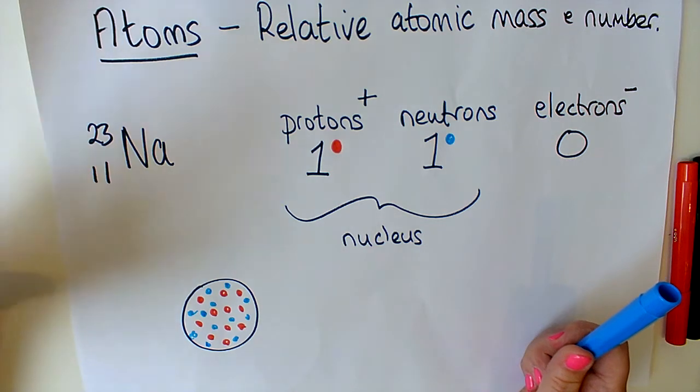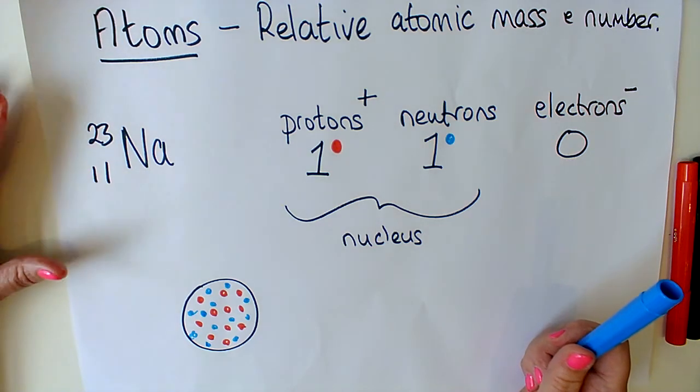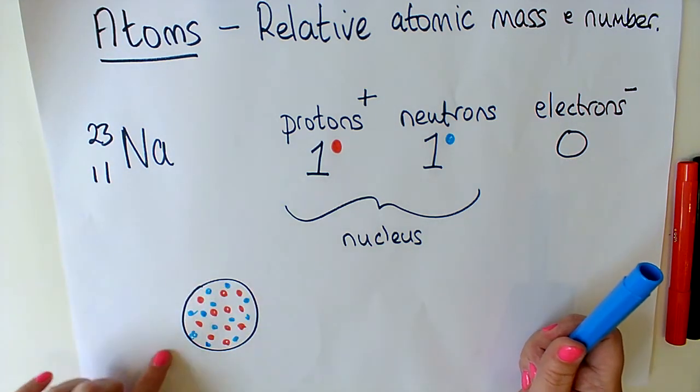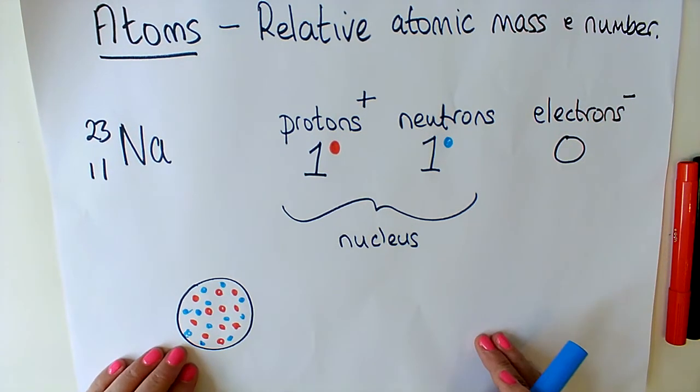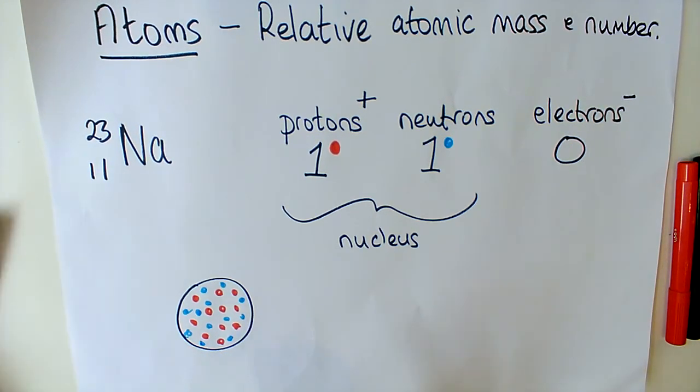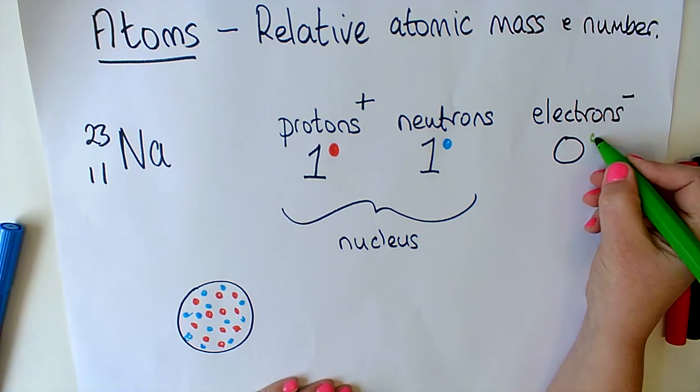So where do the electrons come into it? The electrons orbit around the outside of the nucleus in something called electron shells. I'm going to show my electrons as green.